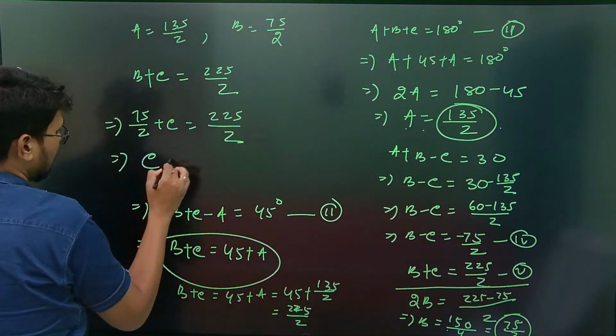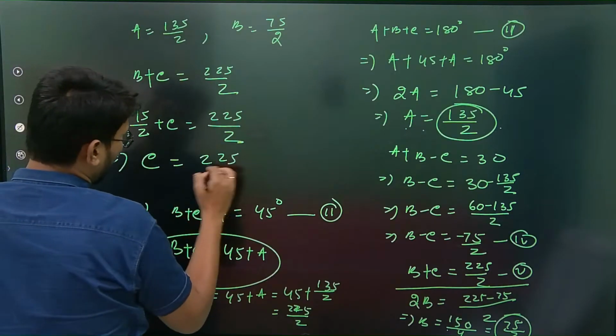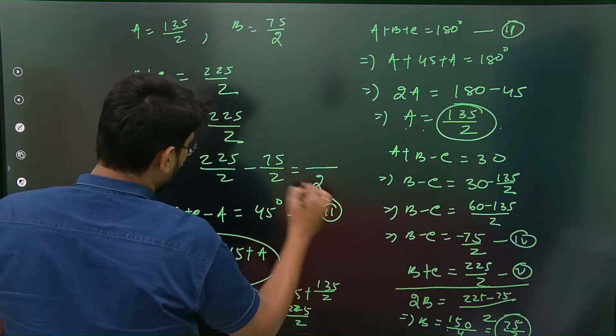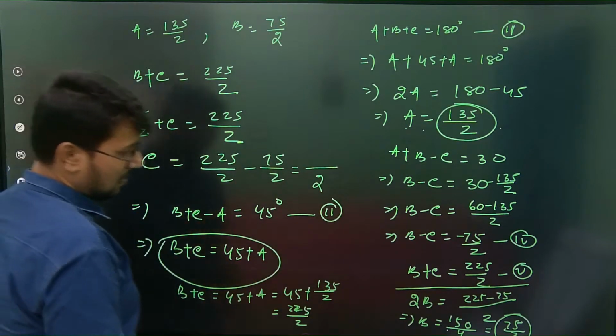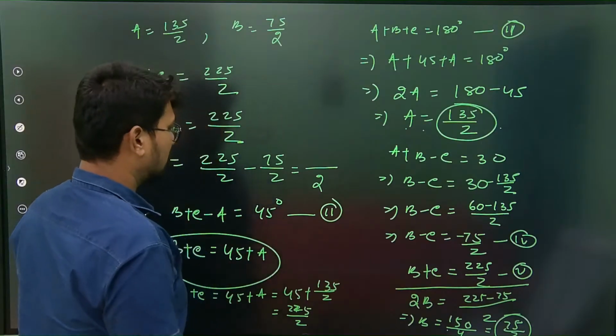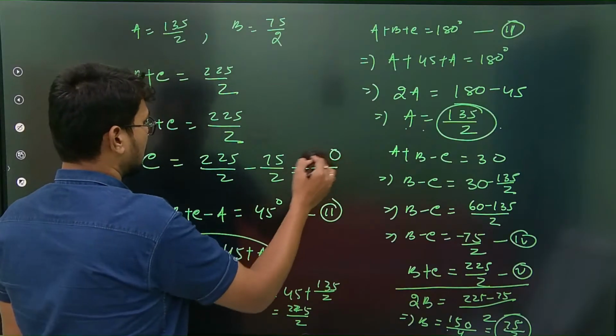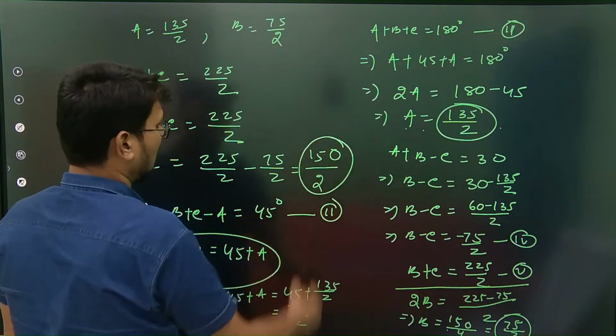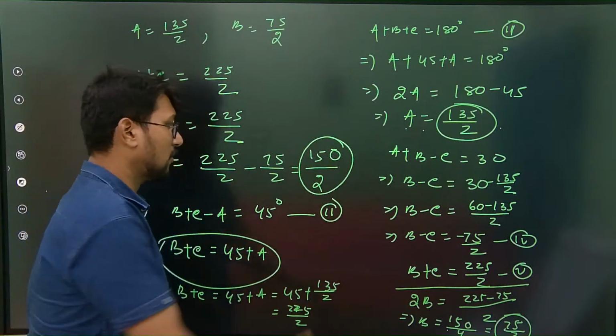Hence, C equals 225 by 2 minus 75 by 2. 2 is the LCM. 225 minus 75 is how much? 150 by 2. Are you getting it or not? 150 by 2 is how much?